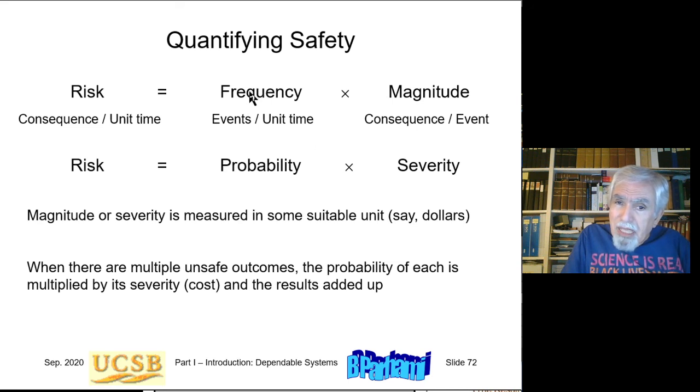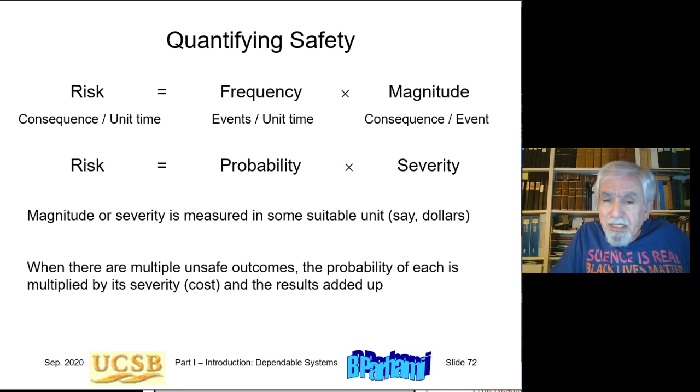Okay, so if something happens with probability 1%, 0.01, and the consequence is that we lose $1,000, the risk will be the product of 0.01 and 1,000, which is $10. So if I can lose $1,000 with probability 0.01, the risk to me is $10. I'm risking $10.